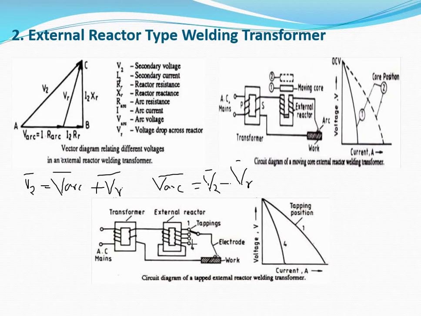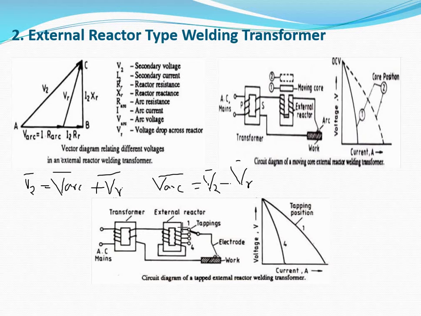Moving a contact arm, which is shown here, across the taps will vary the number of turns of that reactor brought into the circuit. And with that, the magnitude of the welding current can be varied.